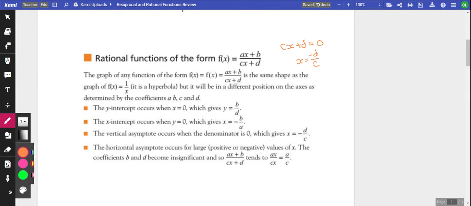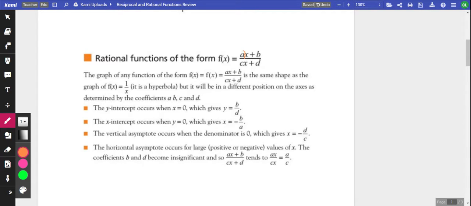When we are dealing with our horizontal asymptotes, we end up with the coefficients of our x values. The coefficients of our x values is what creates our horizontal asymptote.